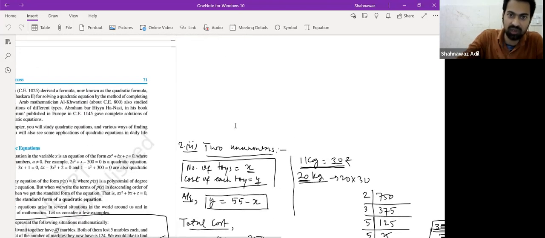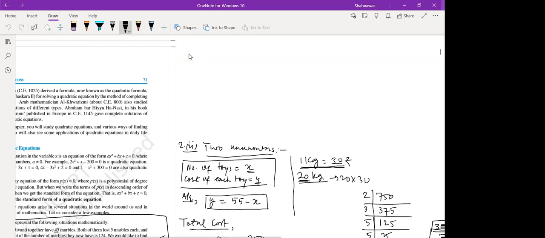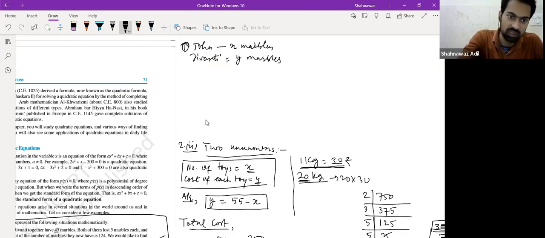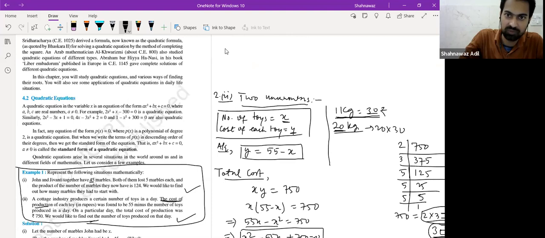So let's say John has X marbles, right? And Jivanti has Y marbles, right? So together they have 45 marbles, right?